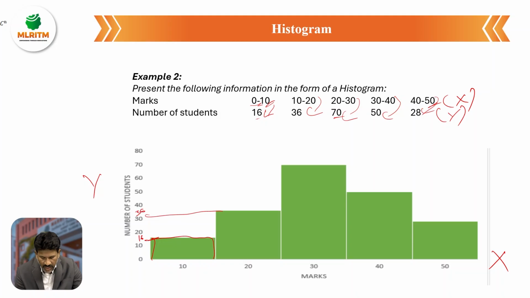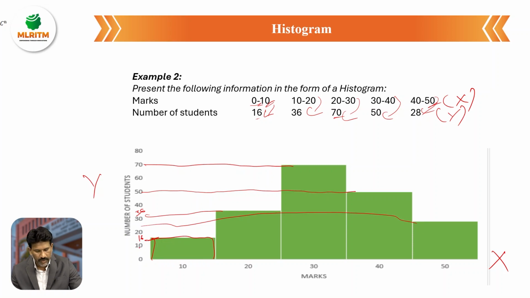For 20 to 30, 70 students are presented here, in the range between 60 to 70. Then 30 to 40 students are 50. Then 40 to 50, 28 is indicated in between 20 to 30. So this is example 2 of the histogram.